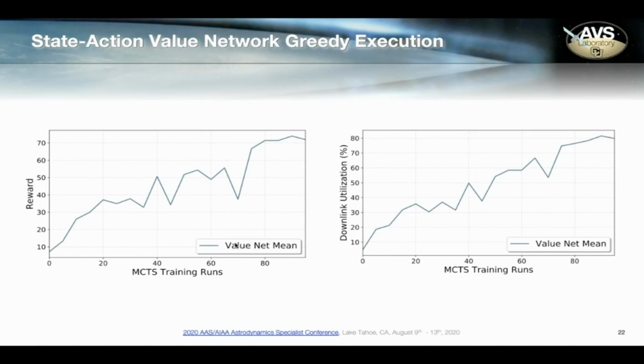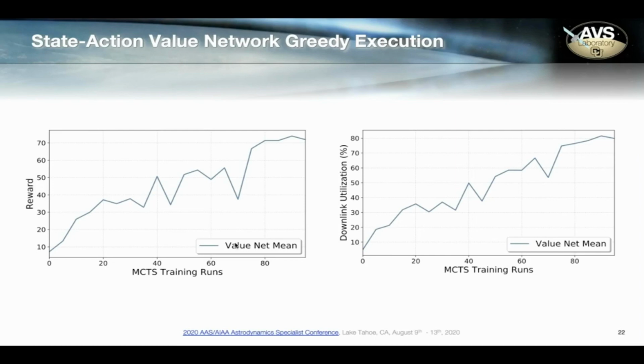The value network was also executed on 100 initial conditions to get a better picture of performance, and it's more or less the same as the comparison to MCTS on the 10 initial conditions. Not much has changed. On average, reward is slightly lower, but in this initial condition set, there are actually planning horizons where there are no downlink opportunities.